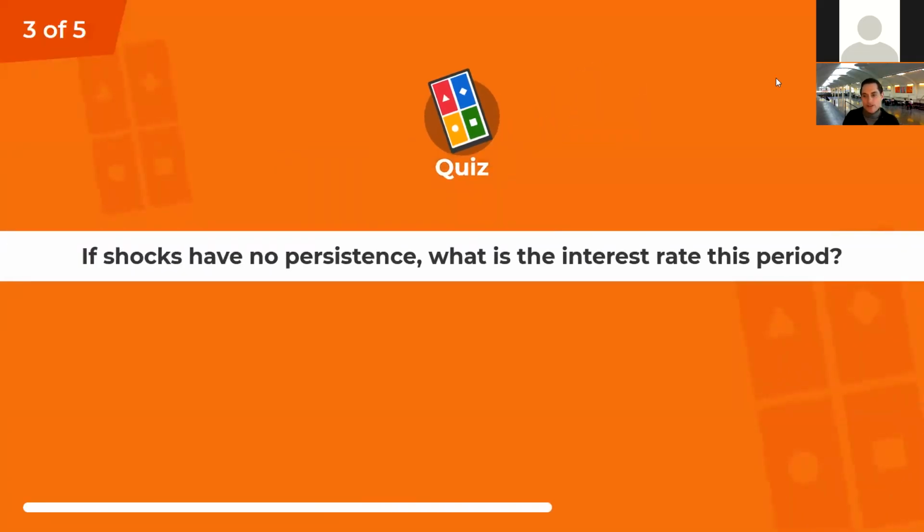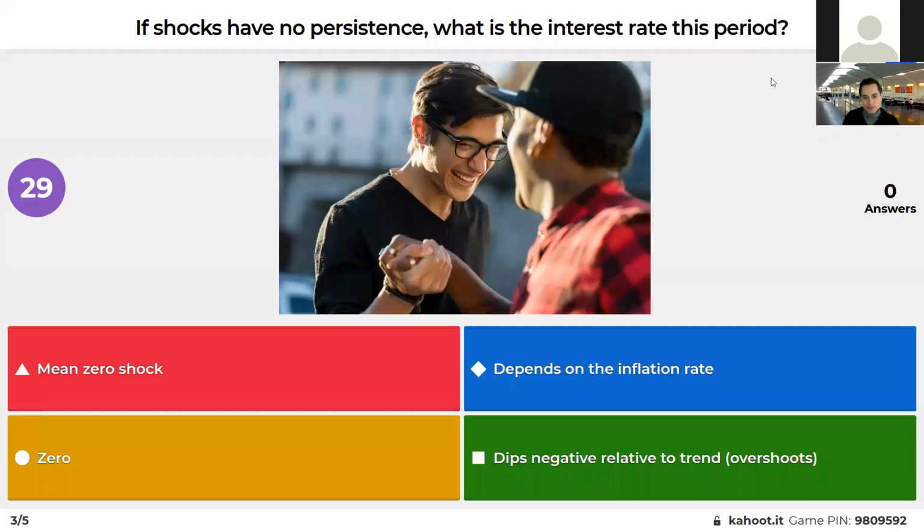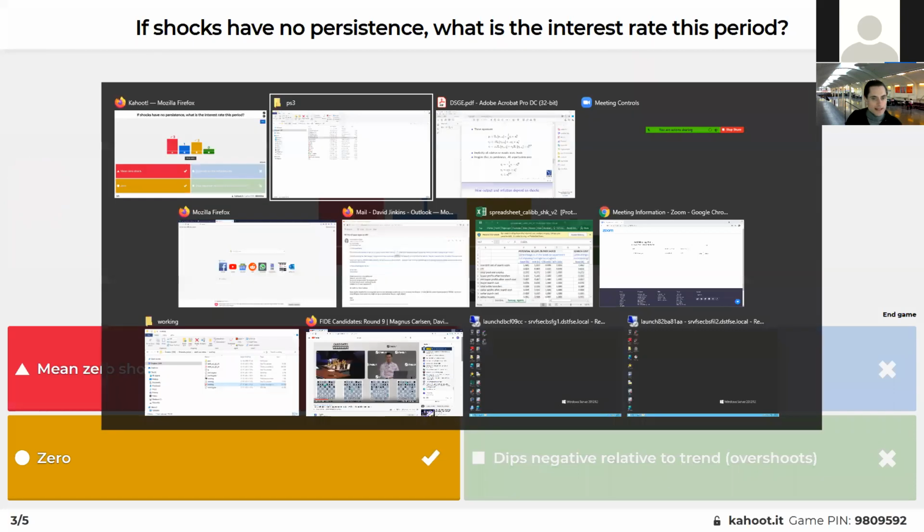If shocks have no persistence, what is the interest rate this period? Yeah, it's a mean zero shock.